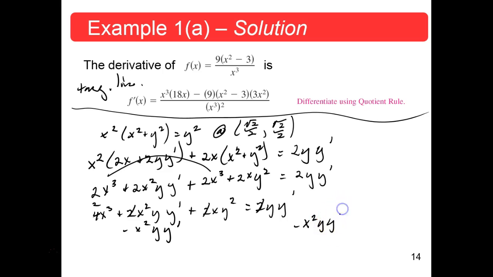Okay? Now I'm going to need more room. So what I'm going to do is come up to the top here and write down what we've got so far. 2x cubed, these go away, plus xy squared is equal to y prime minus x squared y prime.